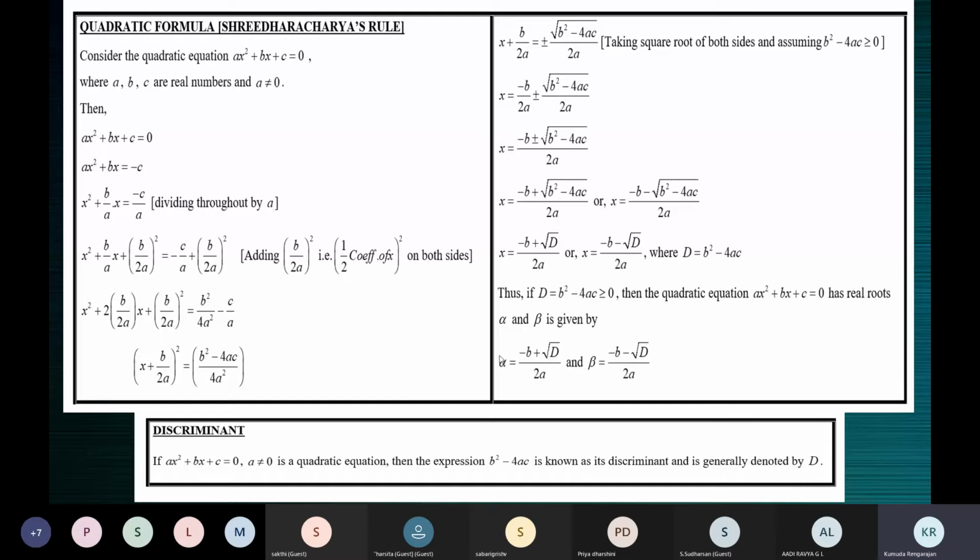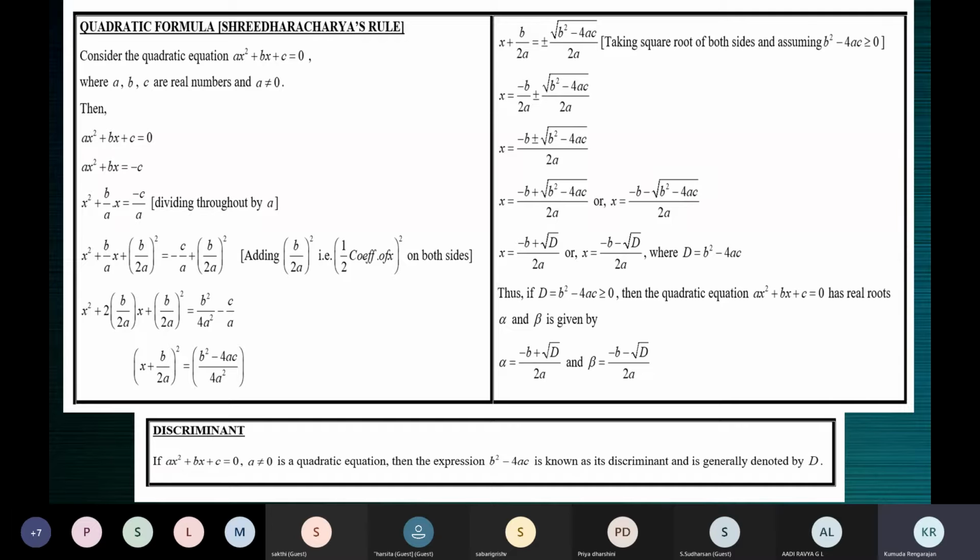And finally, we write it in terms of alpha and beta, because we know that alpha and beta are the roots of a quadratic polynomial or a quadratic equation. Strictly, it's zeros for a polynomial and roots for an equation, but they are used interchangeably. In the very strict sense, we say zeros of a quadratic polynomial, roots of a quadratic equation.